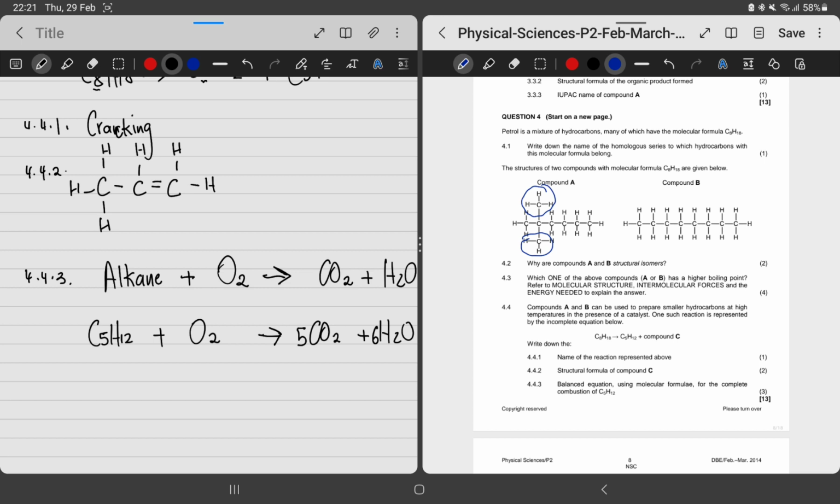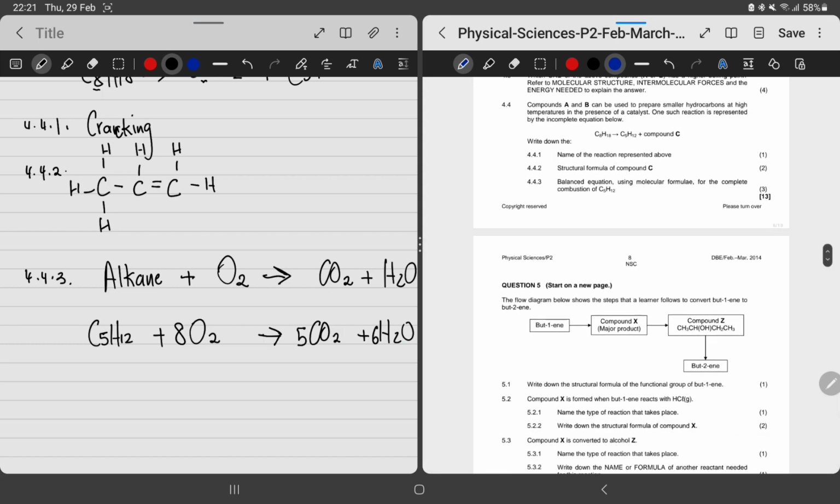Now I have 5 times 2, that is a 10, plus 6, that is a 16. So I need 8 here. Let's double check. 5 carbons on the left, 5 carbons on the right, and then I have 12 hydrogens on the left. 8 times 2, that is a 16. 5 times 2, that is a 10, plus 6, that is a 16. So it is balanced.